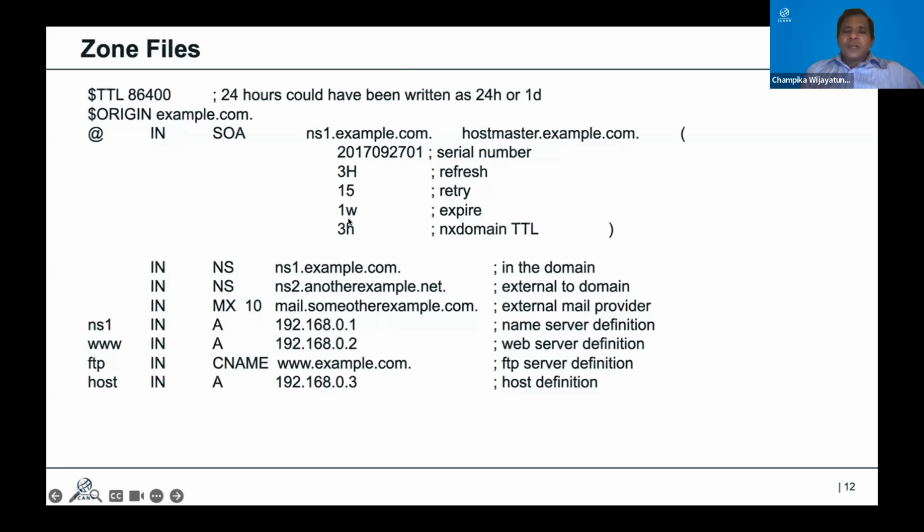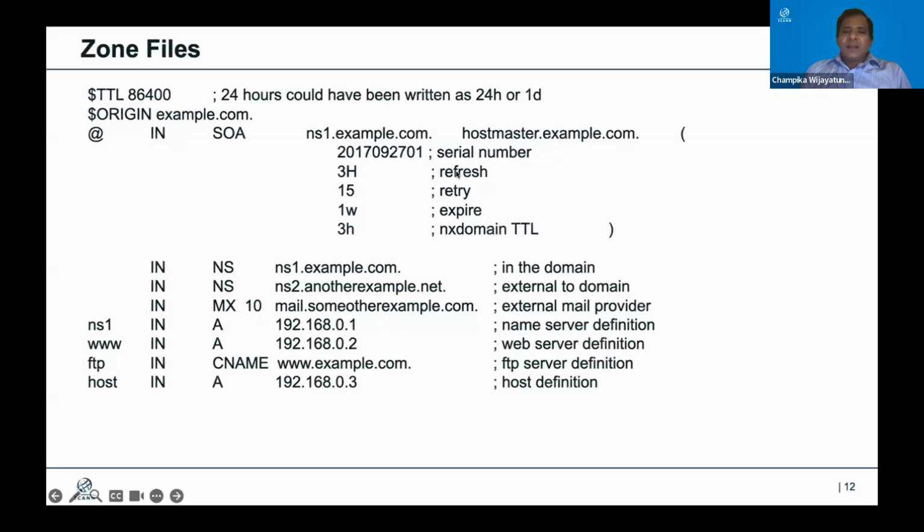I won't go into too much detail given the time we have, but these are what we call timing parameters. These are also for the secondary, right? If the secondary gets the data from the primary, how can it manage this consistency? For example, if I am down, if the primary is down, how can you get your data again?